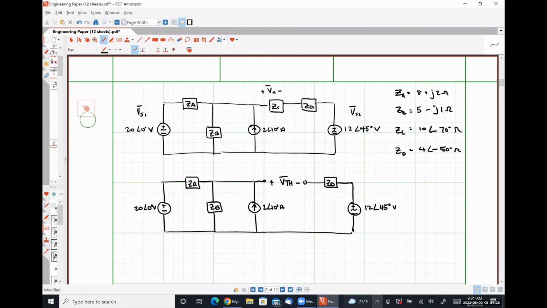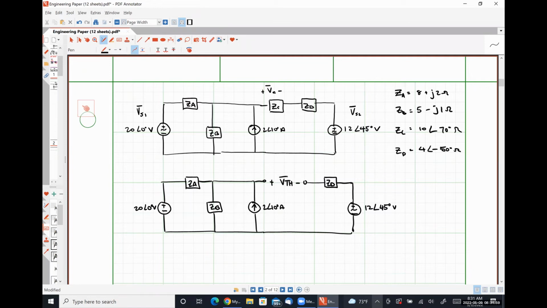It's 0. The reason why the voltage drop across impedance ZD is 0 is because ZD isn't part of a closed current carrying loop. So the voltage drop on the right-hand side, associated with the negative polarity terminal of our Thevenin voltage, is just 12 angle 45. We don't even have to do any work for that, as long as we remember that voltage drops don't occur over elements that aren't connected to anything.